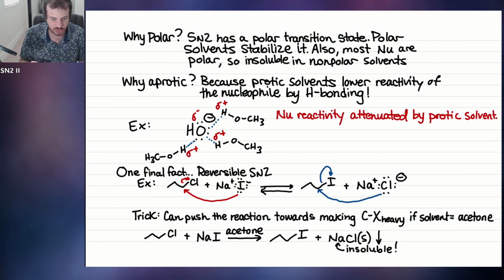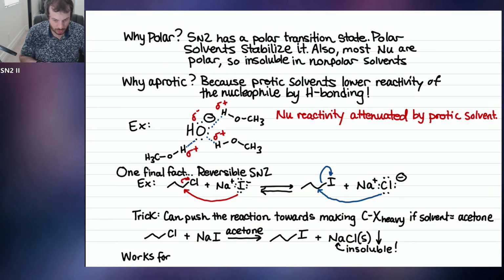Remember, one of the ways to drive a reaction towards the products is by removing one of the products as it's generated. And the difference in solubility between sodium iodide and sodium chloride is what we're exploiting here to drive the reaction in one direction and stop it from being reversible. Now it'll go towards the product and stay there. And this works for a variety of conversions, as long as you want to go to the heavier carbon-halogen bond.